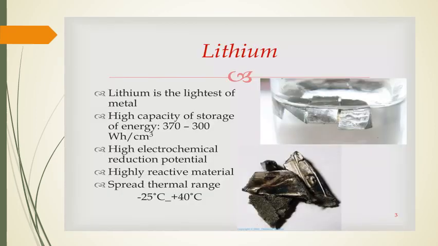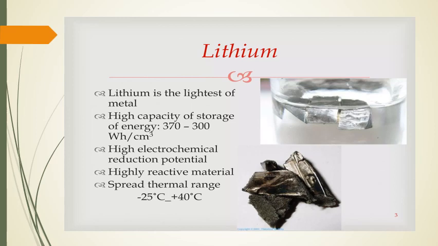Now coming to what lithium is. Generally, lithium is the lightest of metals, with high capacity of energy storage, 370 to 300 watt hours per cubic centimeter. That's the reason lithium-ion batteries are used in our mobiles.